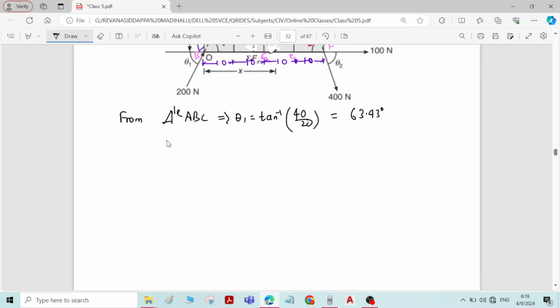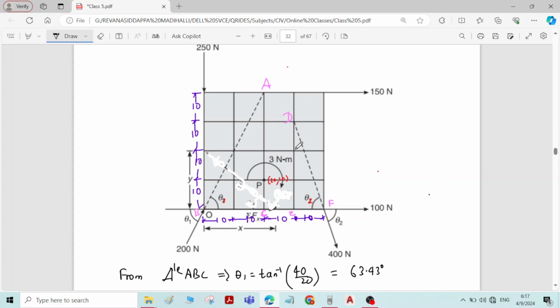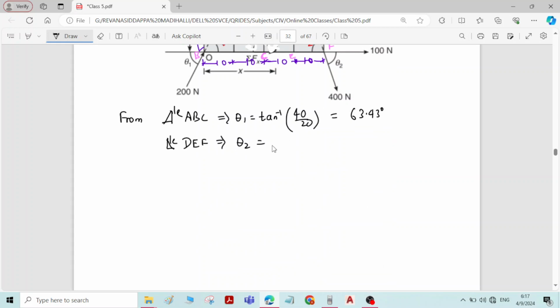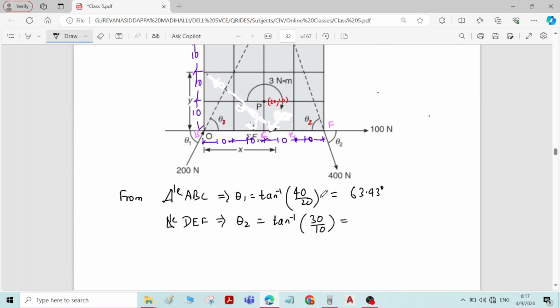From right angle triangle DEF, theta 2 is equal to tan inverse of opposite, 3 grids, 30 mm, divided by adjacent, 10 mm, tan inverse of 30 by 10.